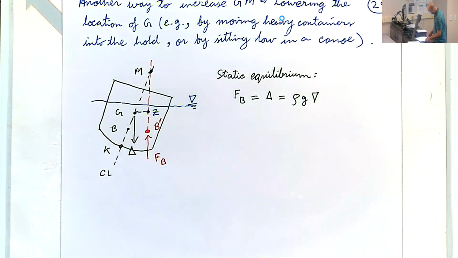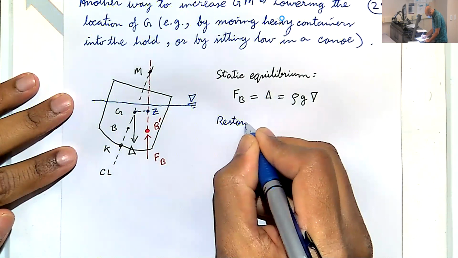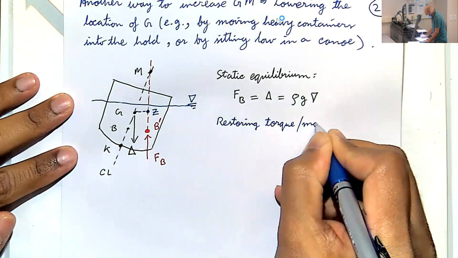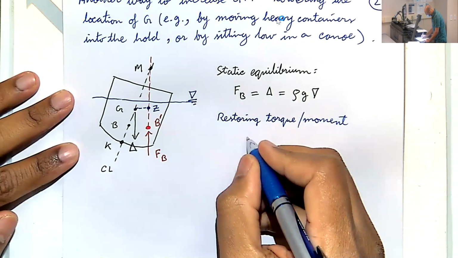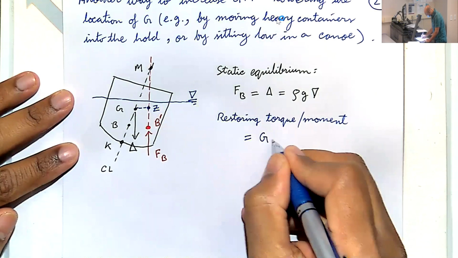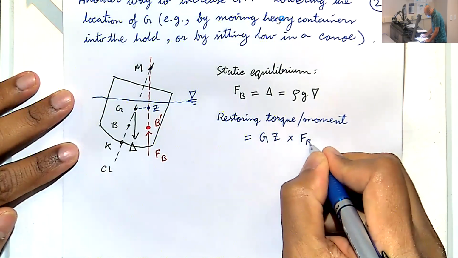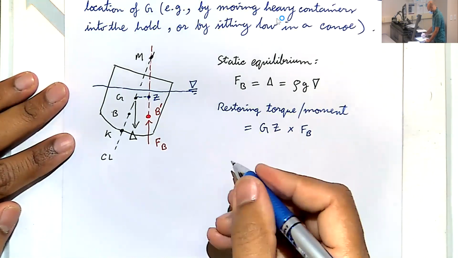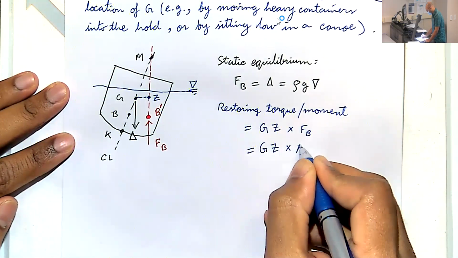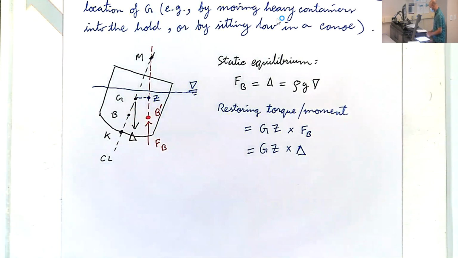So restoring torque is equal to GZ times delta. Okay, so force times moment arm gives us the restoring torque.